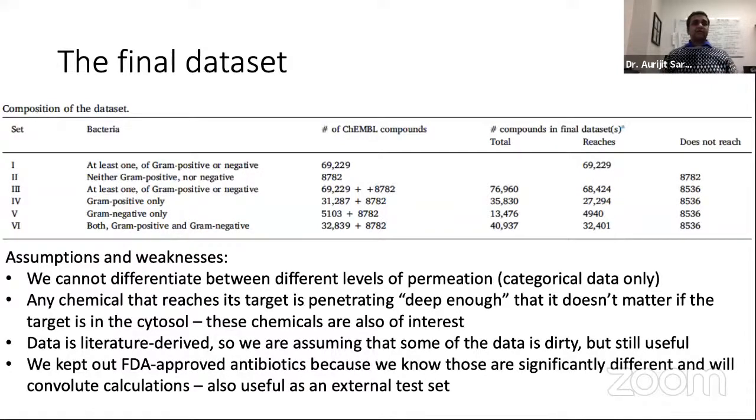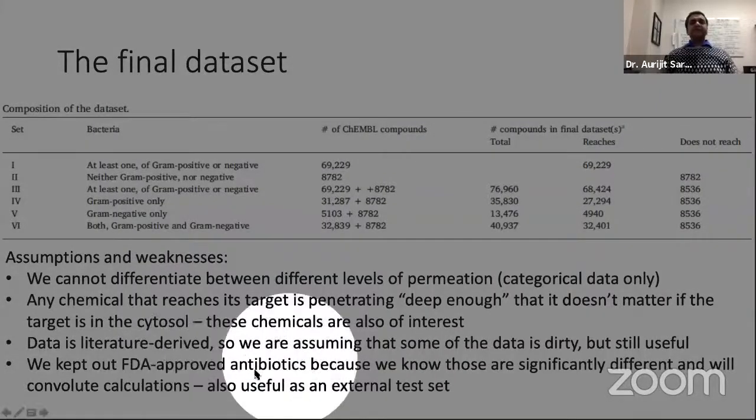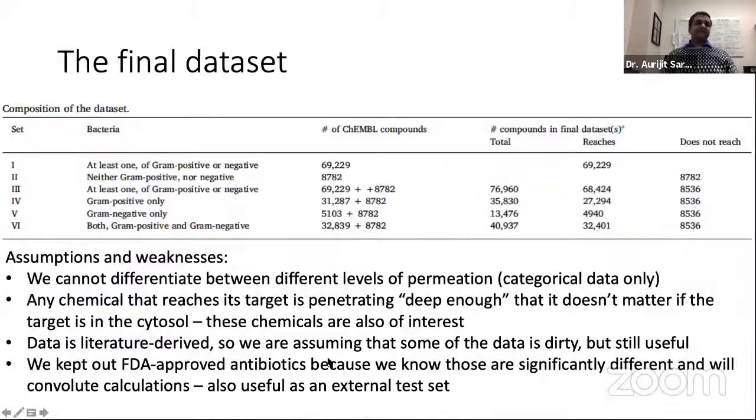The last one, we kept out FDA approved antibiotics because we knew that their properties are significantly different. That would actually be a problem in statistical analysis. Plus, remember that we were also trying to focus significantly more on chemicals that we can easily synthesize and not on chemicals that are, for example, like antibiotics, which are a little bit difficult to synthesize.